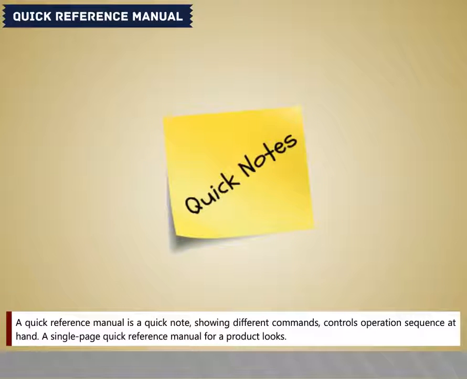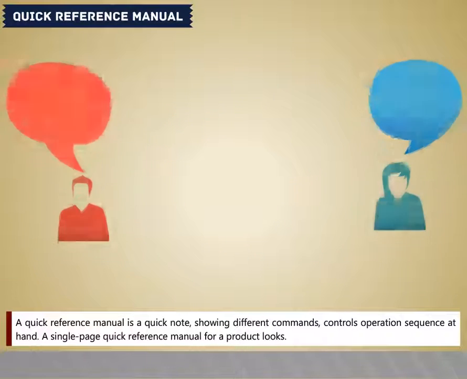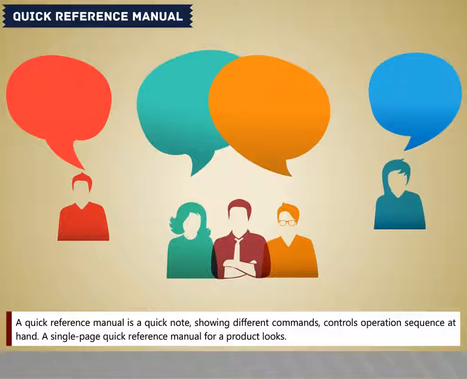A quick reference manual is a quick note showing different commands and control operation sequences at hand. A single page quick reference manual for a product looks like this.